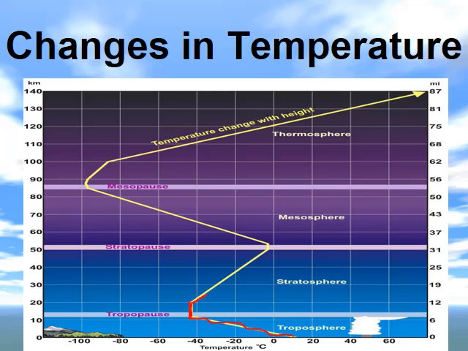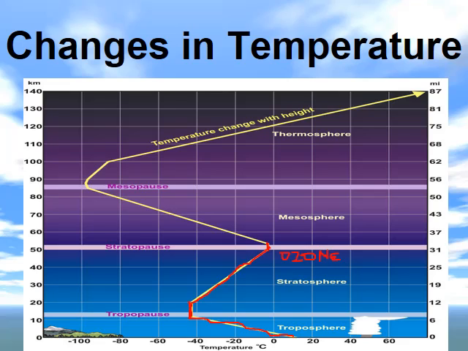Then in the stratosphere, temperature goes up because what's at the top of the stratosphere? The ozone layer. That ozone layer that's absorbing all those UV rays, okay? That's at the top of the stratosphere. That's why the top of the stratosphere is hotter.